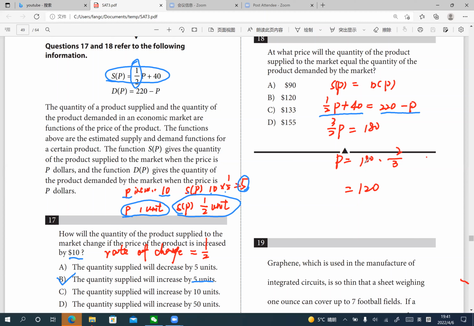So P equals 180 times 2/3, which is $120. So for question 18, we should choose option B. When the price is 120, the quantity of the product supplied to the market equals the quantity of the product demanded by the market.